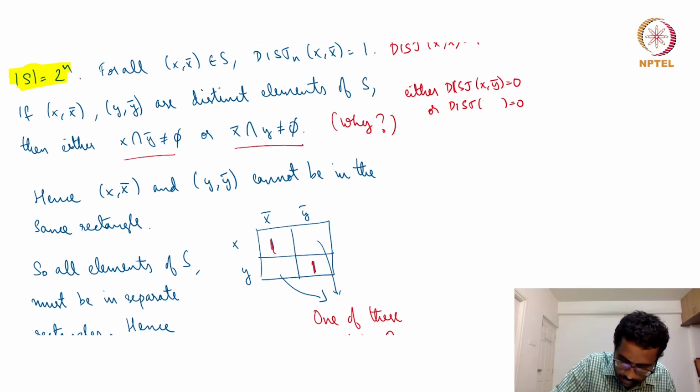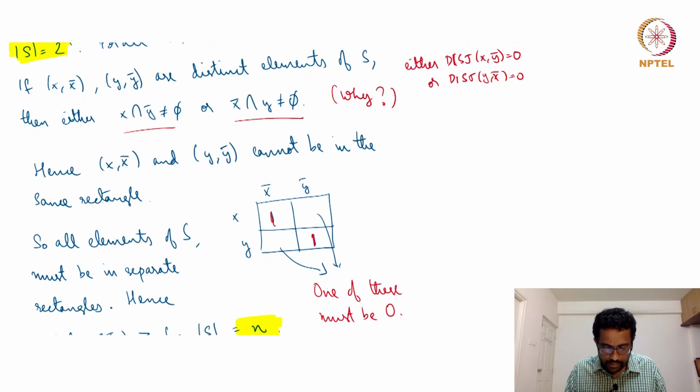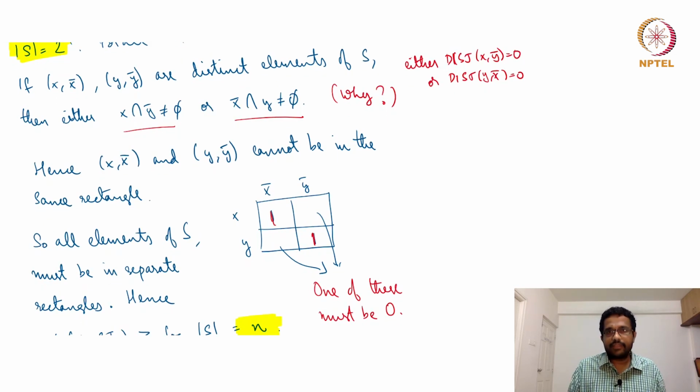I should write Y and X complement here, right? So at least one of them must intersect. Just think about it. If X and Y are of different sizes, then you can see that at least one of them must intersect because of the sizes. But if they are of the same size also, you can make a different argument. Just think over it. Okay.